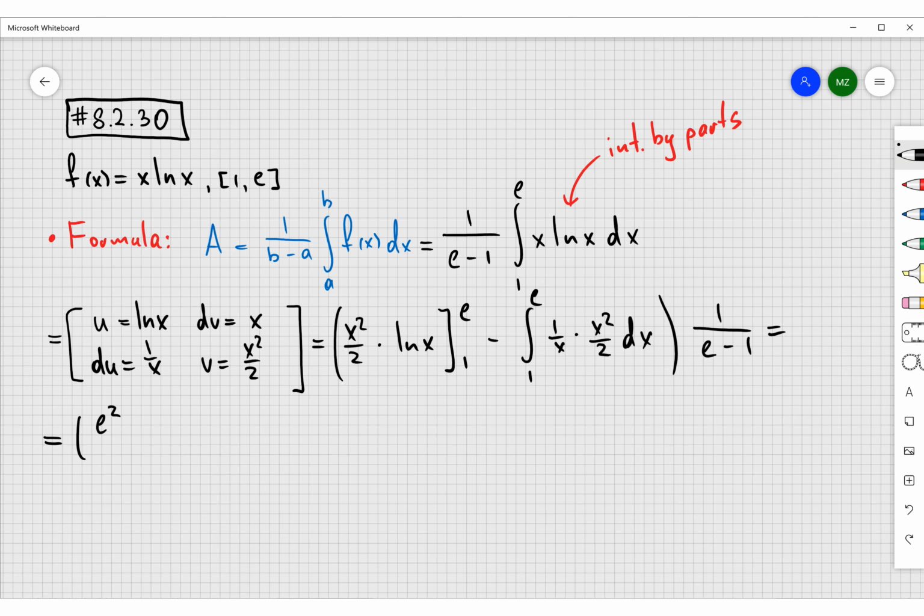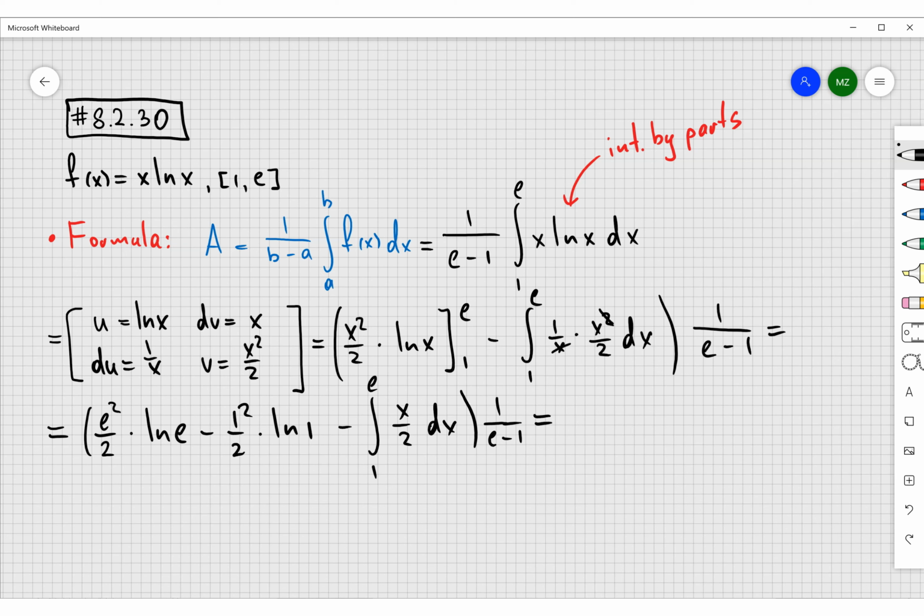And of course, don't forget about the factor in front of my integral. So if I plug in my boundary points, I'm going to obtain e squared over 2 times ln of e minus 1 squared over 2 times ln of 1 minus my integral, and I'm going to do that algebra simplification. Then I need to remember a couple of properties of logarithms. ln of 1 is always 0, and ln of e is log base e of e, and log base of the same number is just equal to 1.